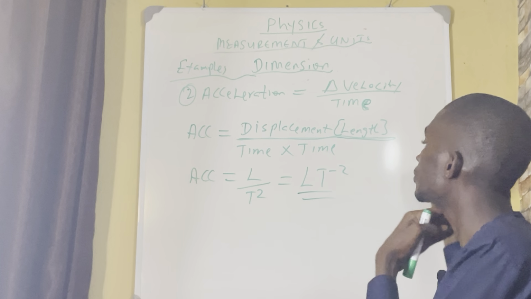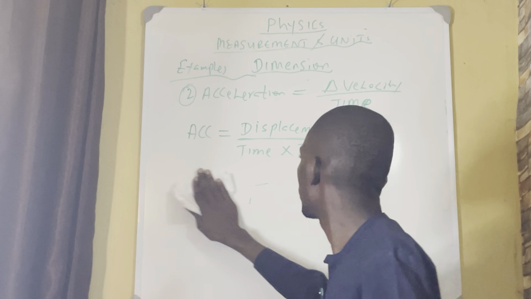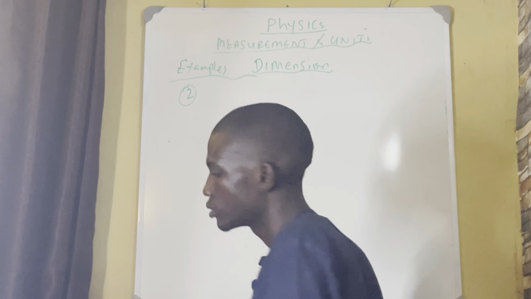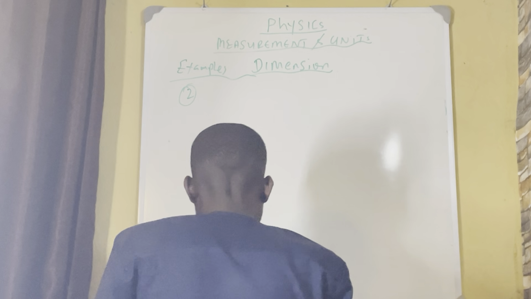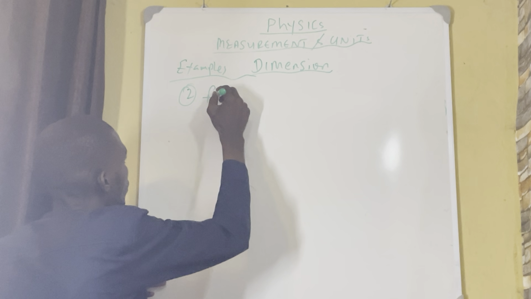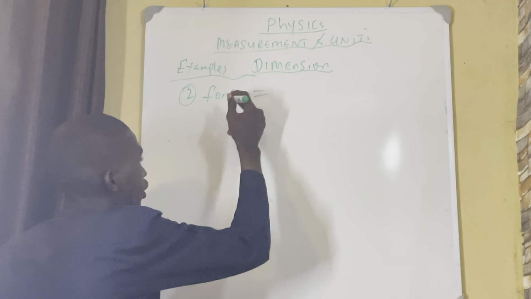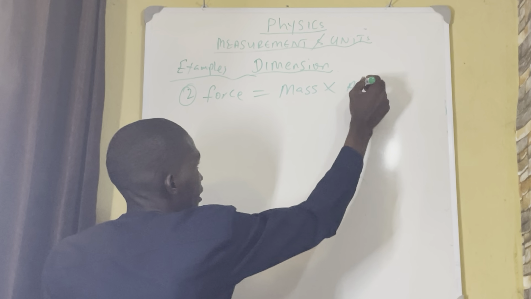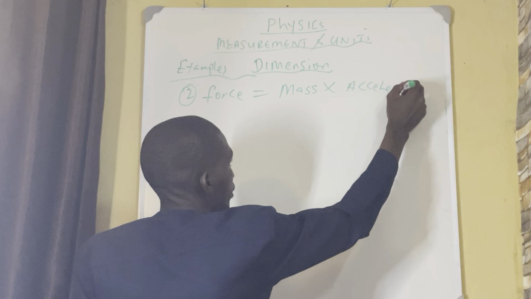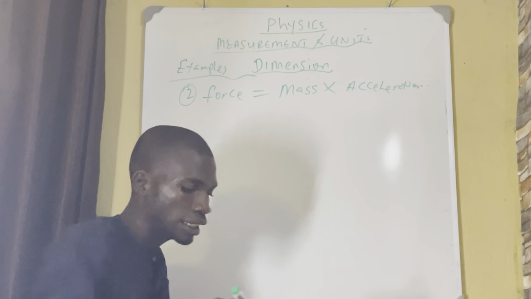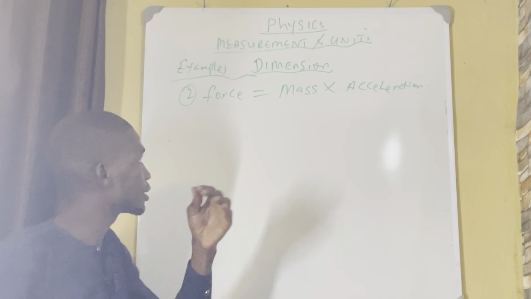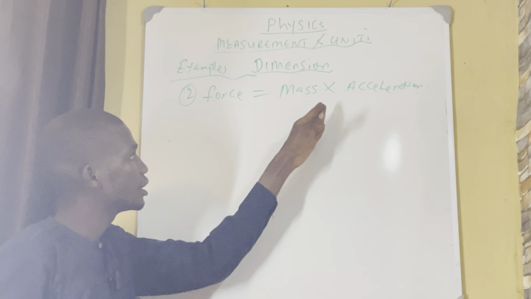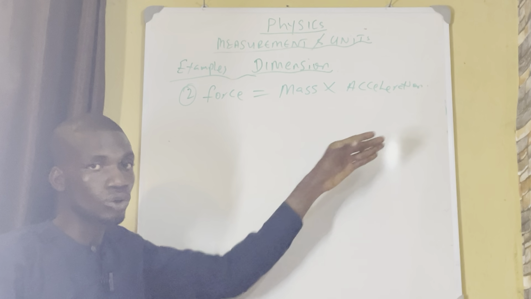Well, let's take another example. Let's go to force, which is equal to mass multiplied by acceleration. Remember vividly that you are changing everything to mass, length, and time. That is your goal.